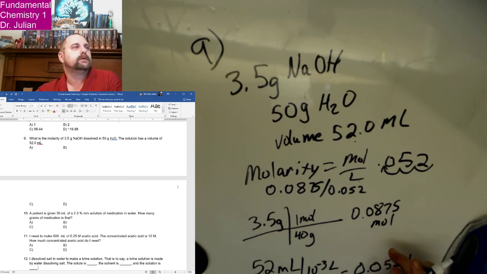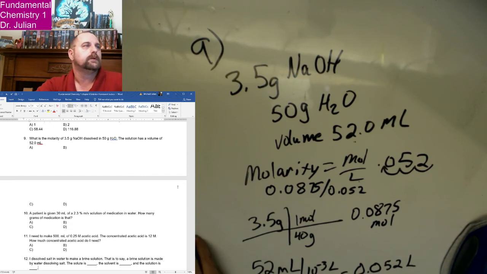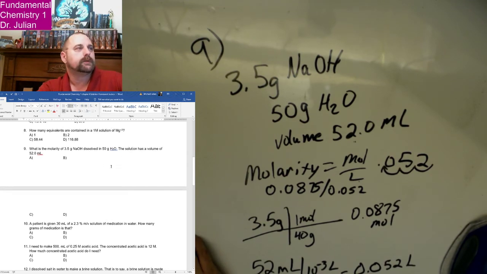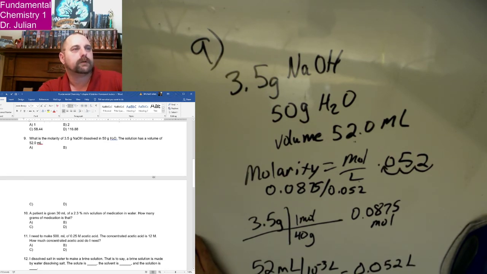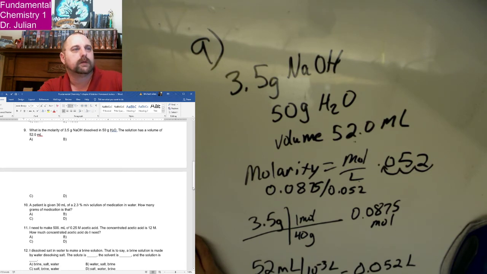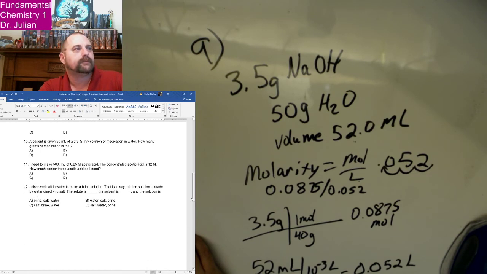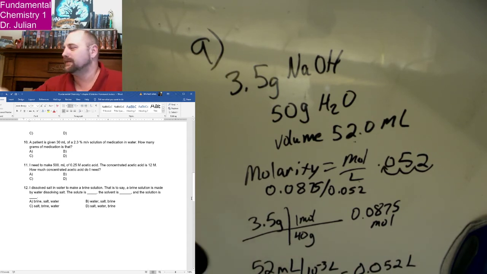This is molarity, and I don't have any options written here. Apparently I have an old copy. We don't know what answer that is. Oh man, this is a really old copy. Let me pull this up on my other computer here.